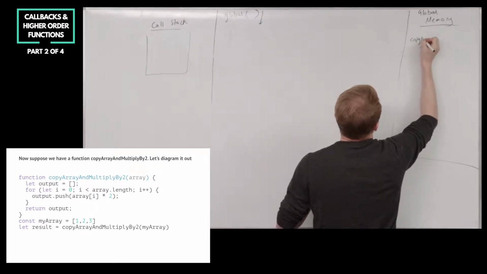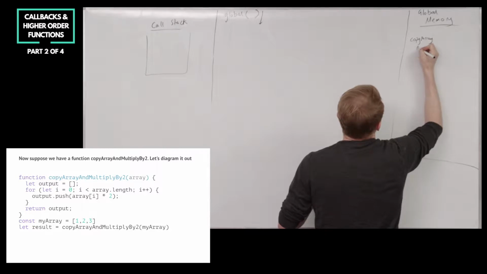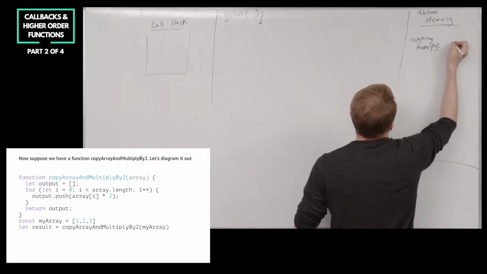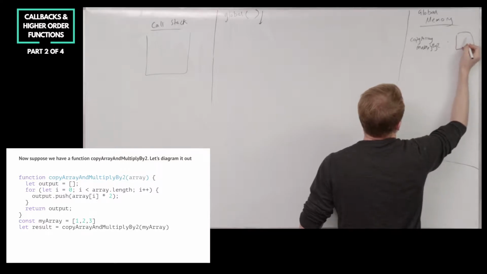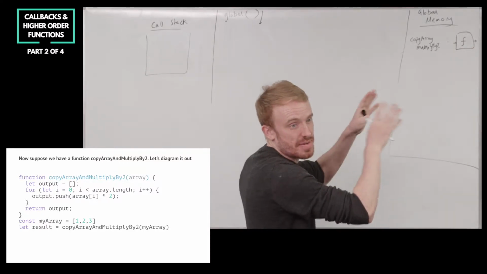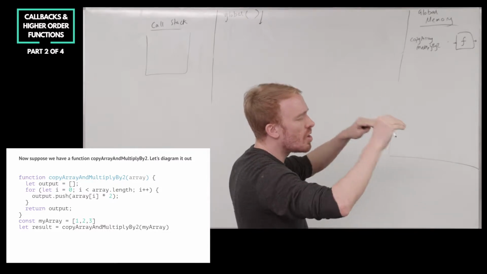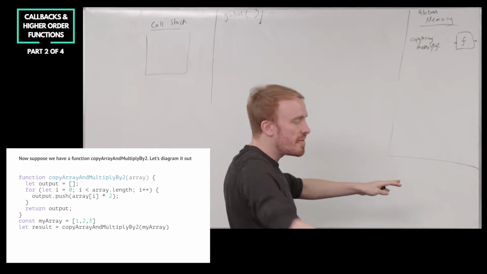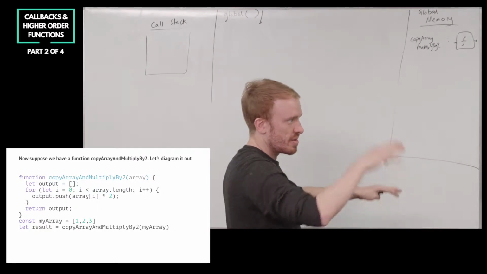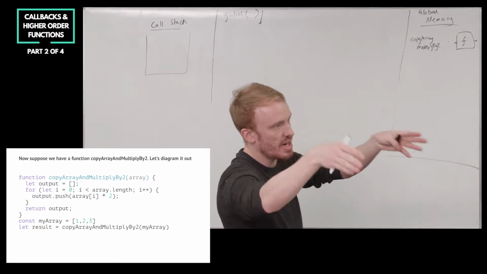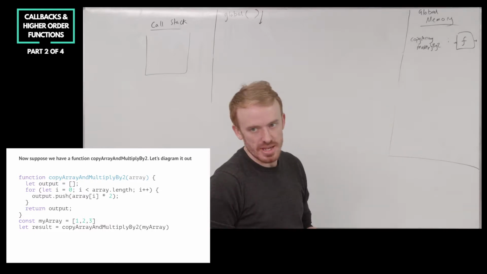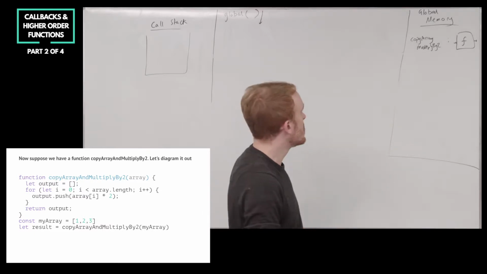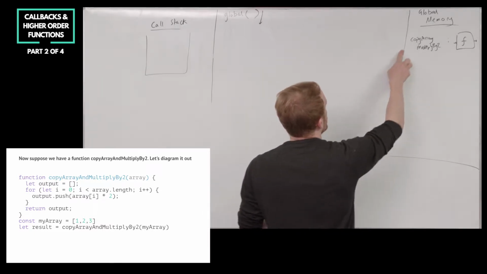The whole function definition, I'm drawing it, remember, as a little box like this. It represents the entire function definition. If I were to console log copy array and multiply by 2, I would see the entire function's description, the whole thing, because it's all stored in memory.